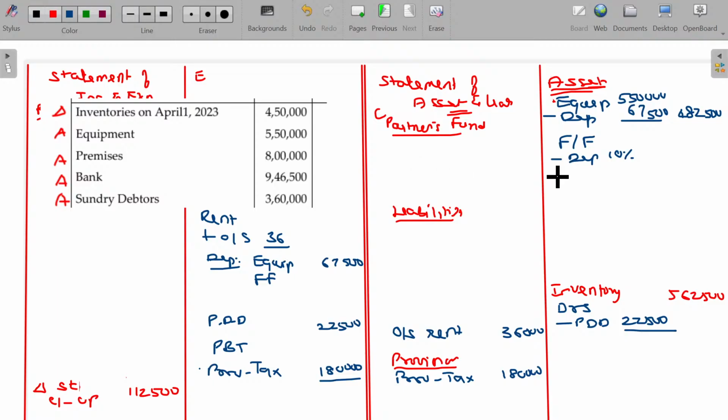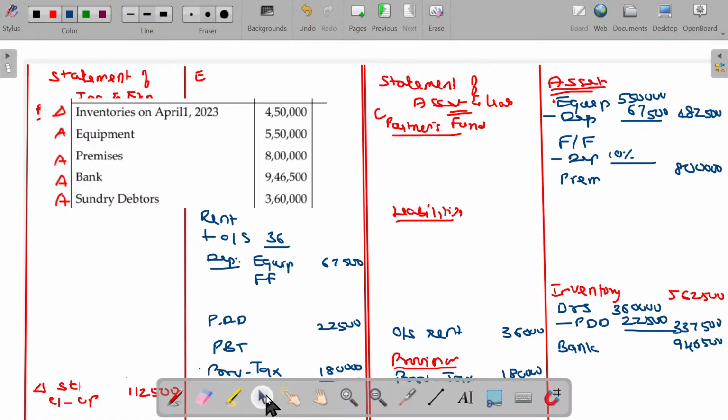Premises 8 lakhs, and bank will come after debtors, the value being 9 lakhs 46,500. Sundry debtors 3 lakhs 60,000. PDD 22,500 subtracted, then the value being 3 lakhs 37,500. I have posted all these values.